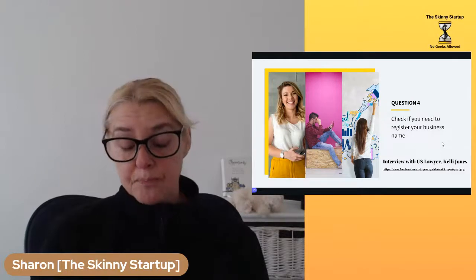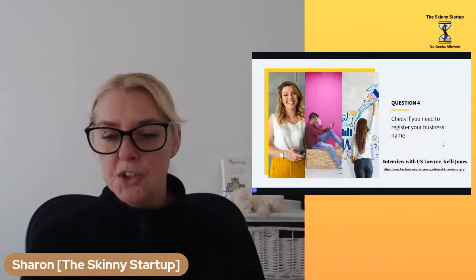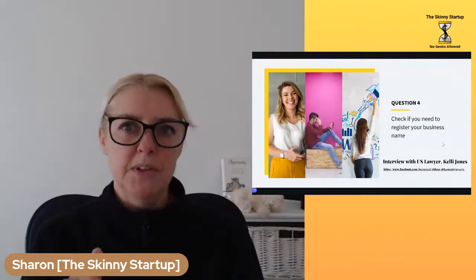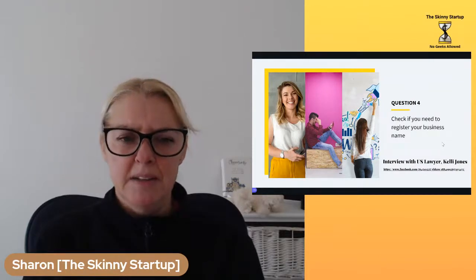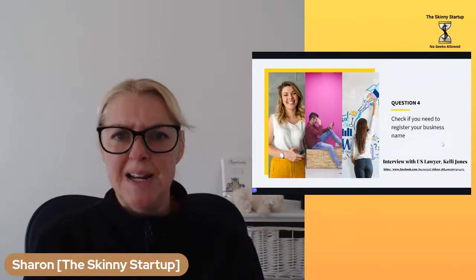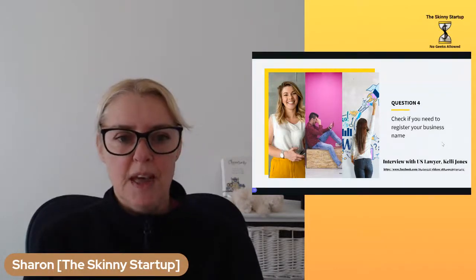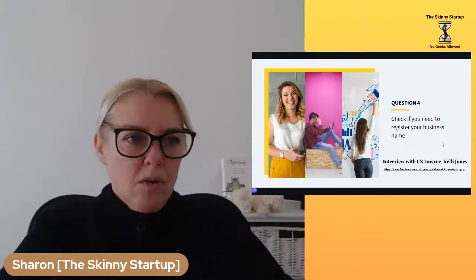For the Australian market, you can just Google the Australian business search. I think it's under the ABN search. So if you Google ABN search, then you'll be able to have a look there. But there's also a few links that I will give you as well.